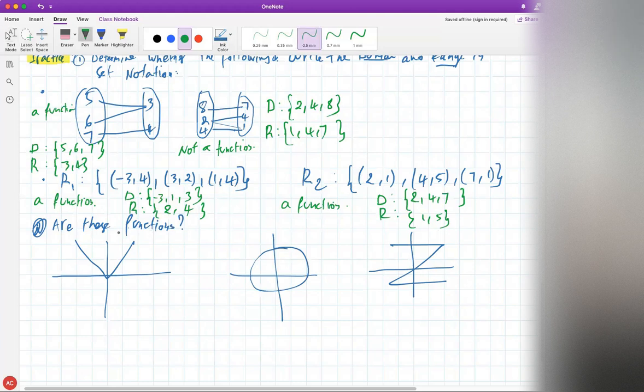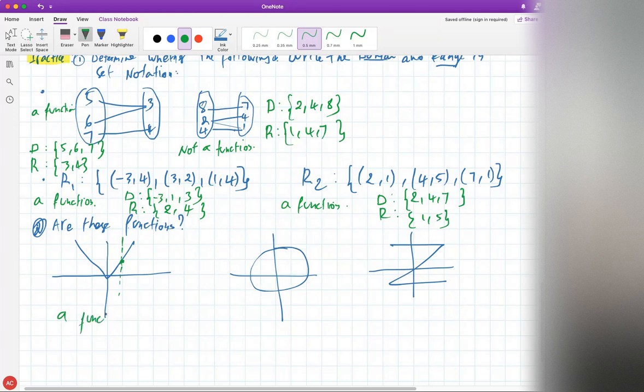And for the graphs, are these functions? First one, it is a function, because anywhere you do the vertical line, it only meets once. What about the next one?